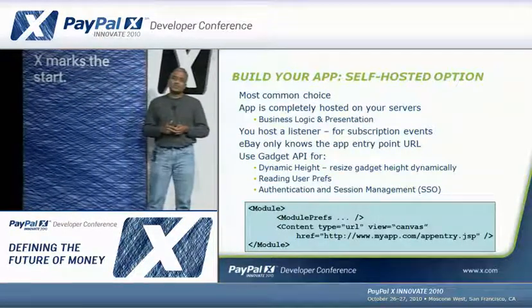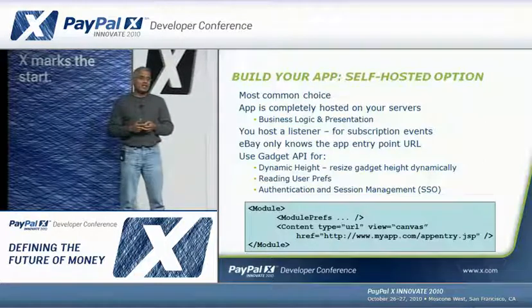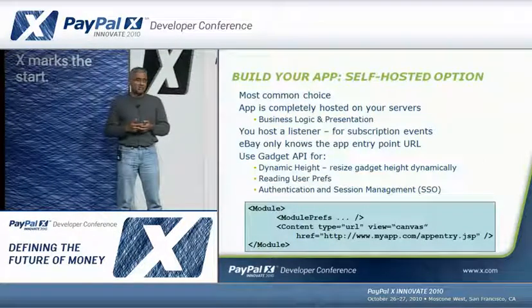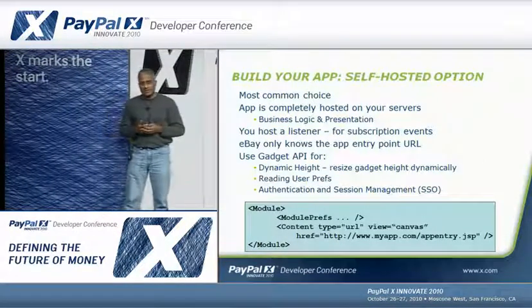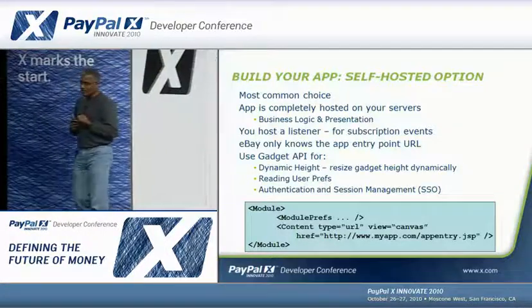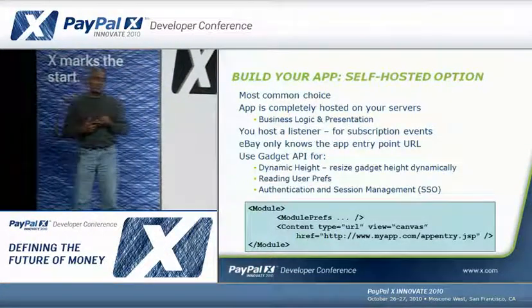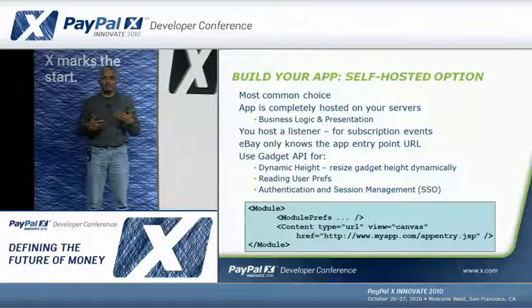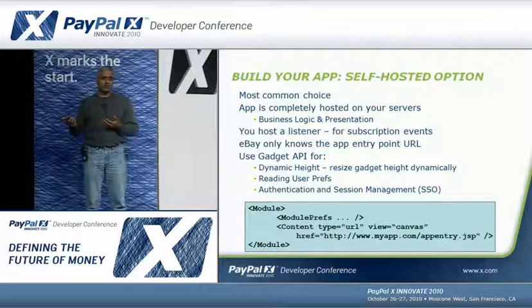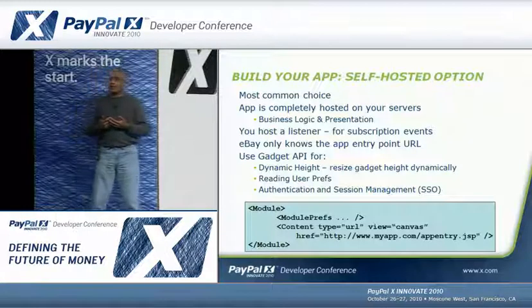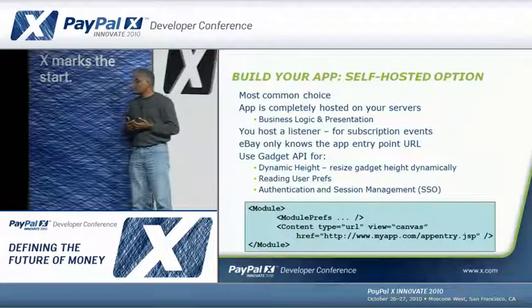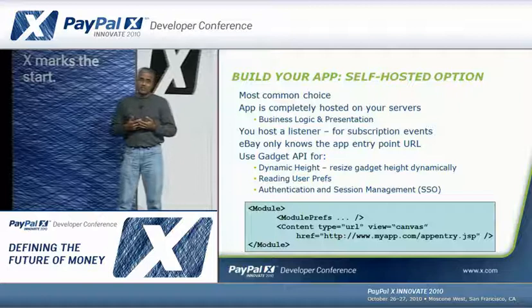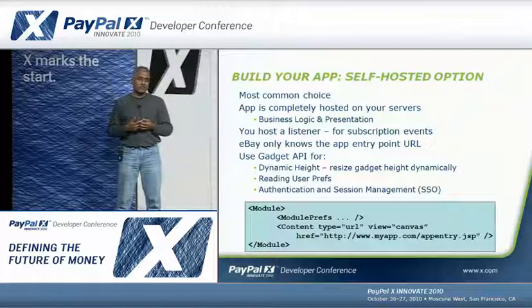There are 2 options to building an Open eBay app or a gadget in the standard speak. One is a self-hosted option where the application is completely hosted by you. You simply provide us with a URL that we would use to interact with your application. And that is fairly straightforward from an implementation standpoint because you don't really change your application.